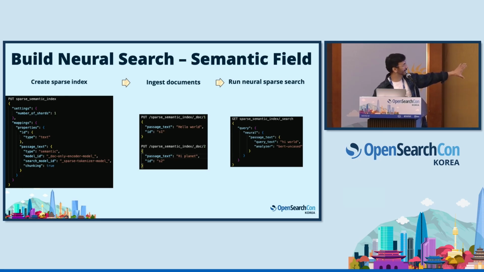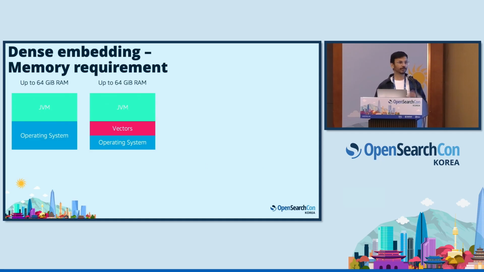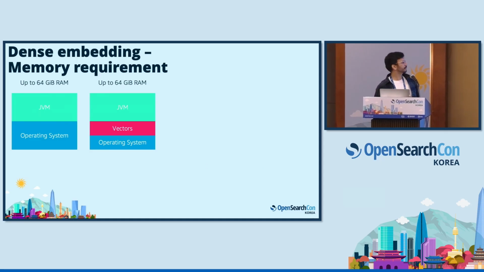This is during index creation time. You say what field, what are the models, and then you simply index it, and then you start running the search. Yeah, it is as simple as 3 steps, instead of going through the lot of things that I just showed. So keep an eye on what is happening in the newer versions of OpenSearch. Things are moving fast. Yeah.